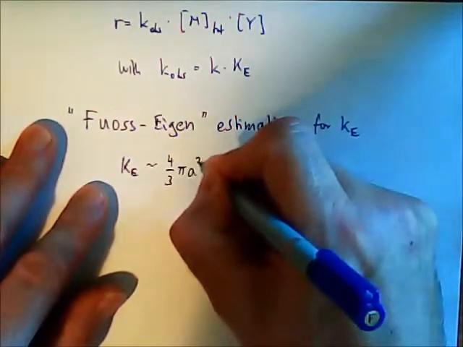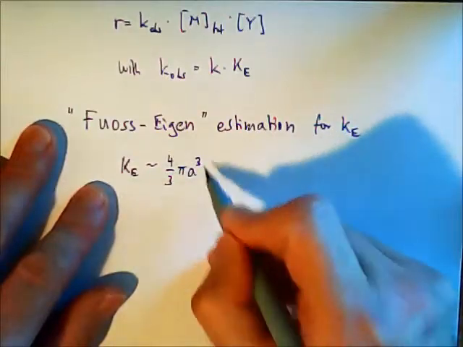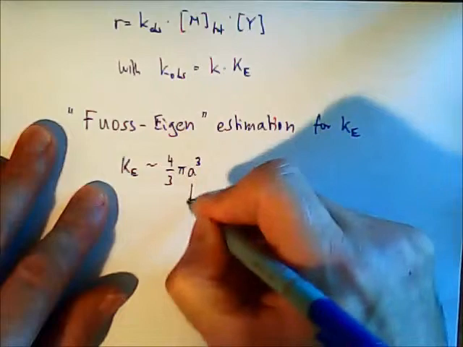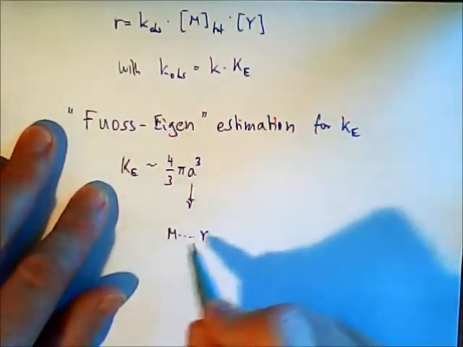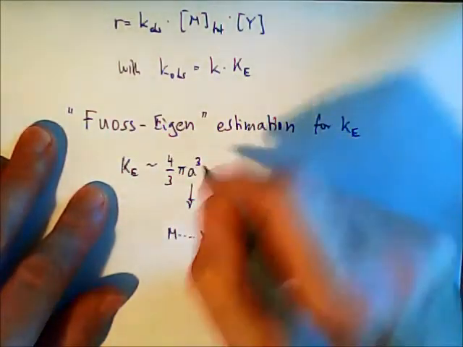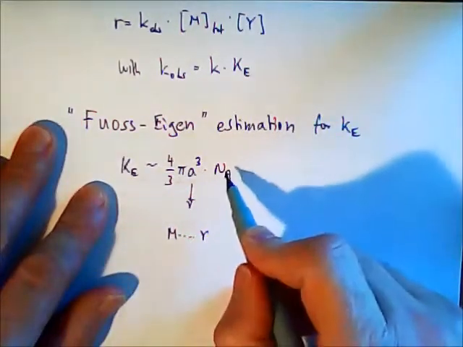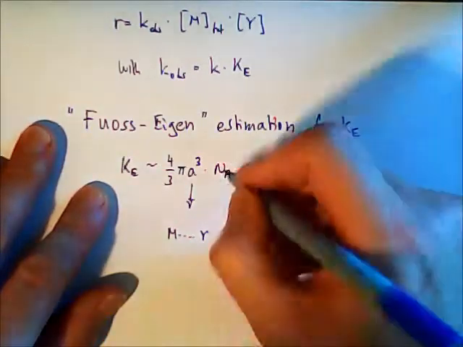So they get a formula. This is like the volume of the sphere. a is the distance between the metal and the new ligand in the encounter complex, multiplied by the Avogadro number, that means by the total number in 1 mole.